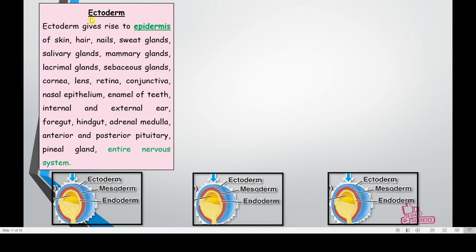All these things are given by the ectoderm. Mostly it is giving the epidermis, and the nervous system is also formed because of the ectoderm.